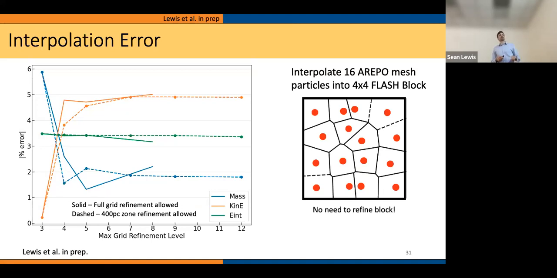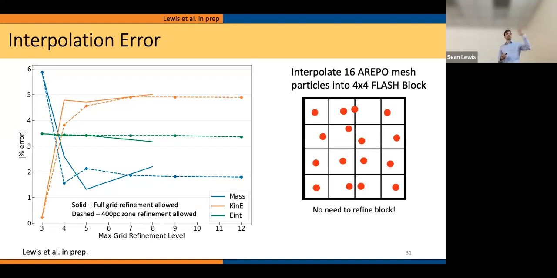We want to interpolate onto the Flash grid. This is what the Flash block looks like. Each cell pretty much has one data point associated with it. And so in the interpolation scheme, each of these cells will get assigned a unique Arepo data point. So we'd expect the error to be the lowest in this case, essentially 0.